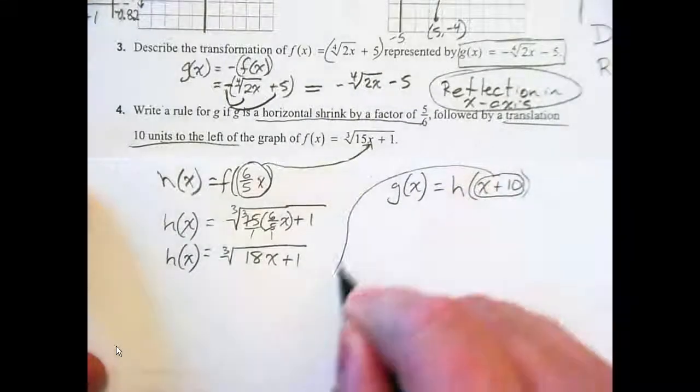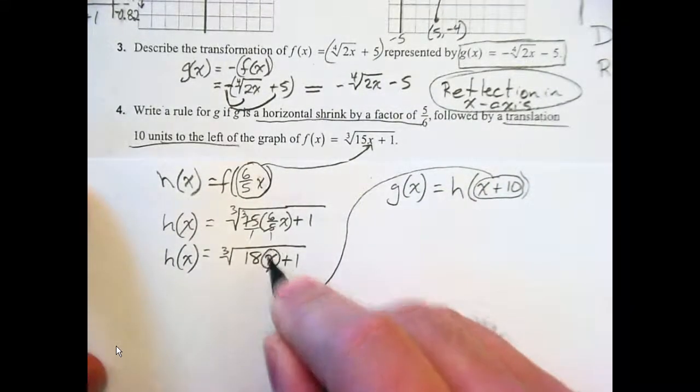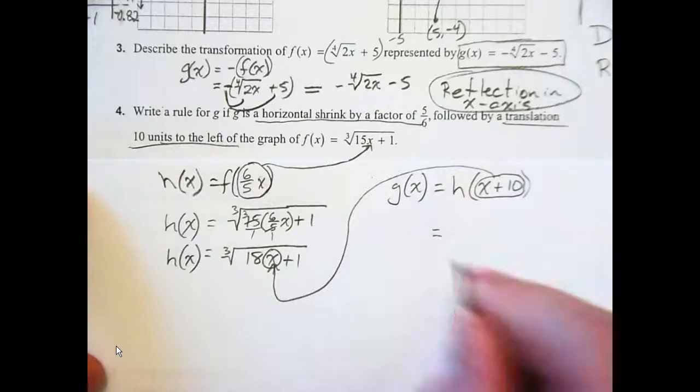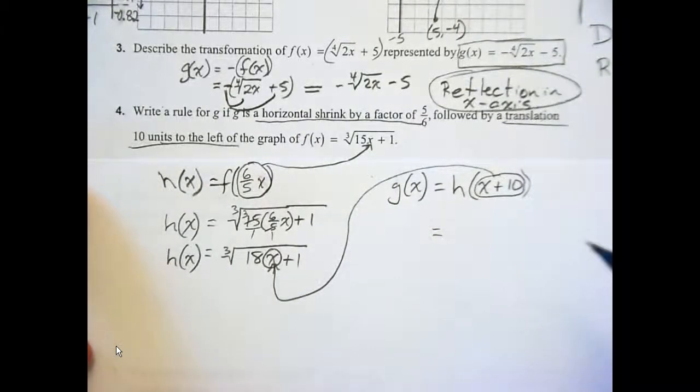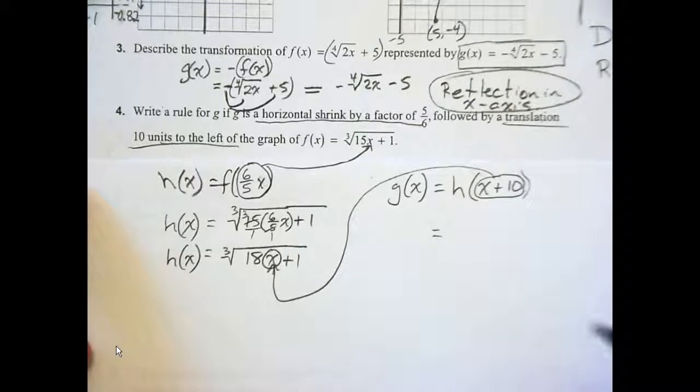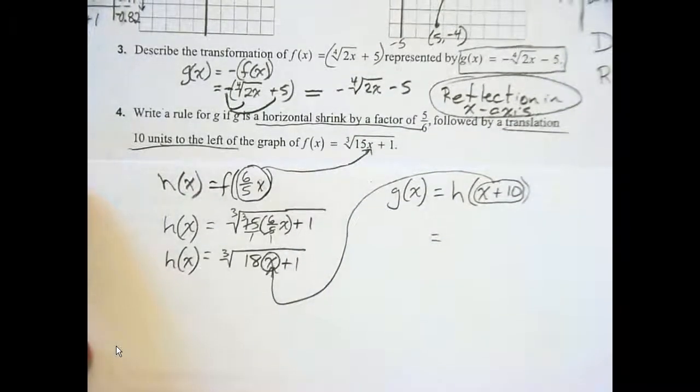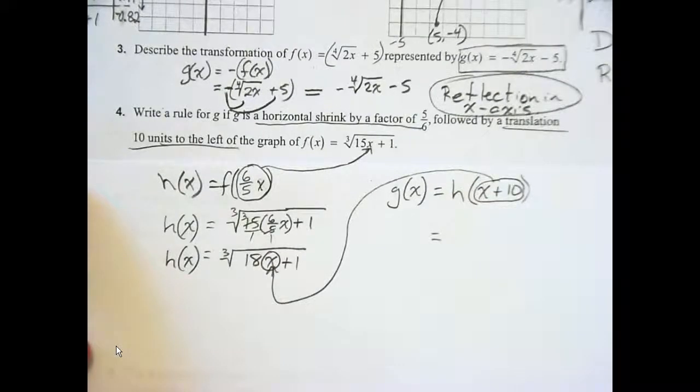Now I will tell you the common mistake is for your answer to be the cubed root of 18x plus 11. Anyone put that? A lot of students put that. In fact, the answer book puts that. In fact, the first time I did this, I was looking at my work. I really think I just copied it out of the answer book because I put that. I was like, what in the world?